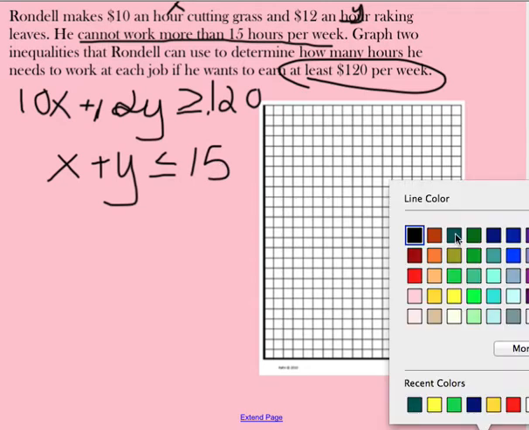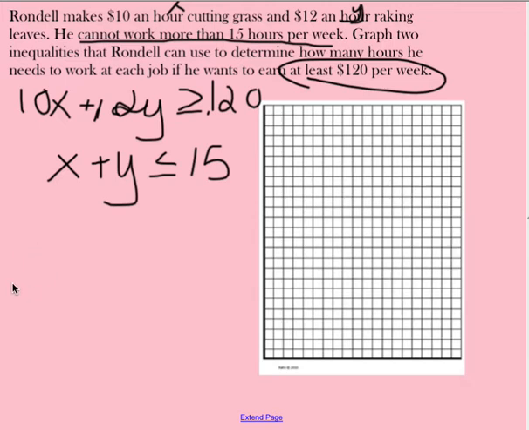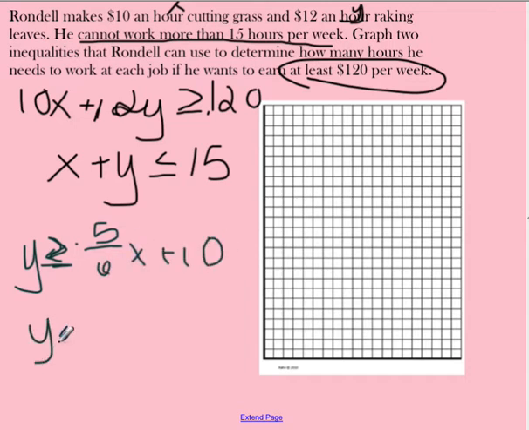So for the sake of time, I'm just going to put these in slope-intercept form for you. So when you solve out that first one, you end up getting y is greater than or equal to negative 5/6 x plus 10. And then here you get y is less than or equal to negative x plus 15. So let's go ahead and graph those.